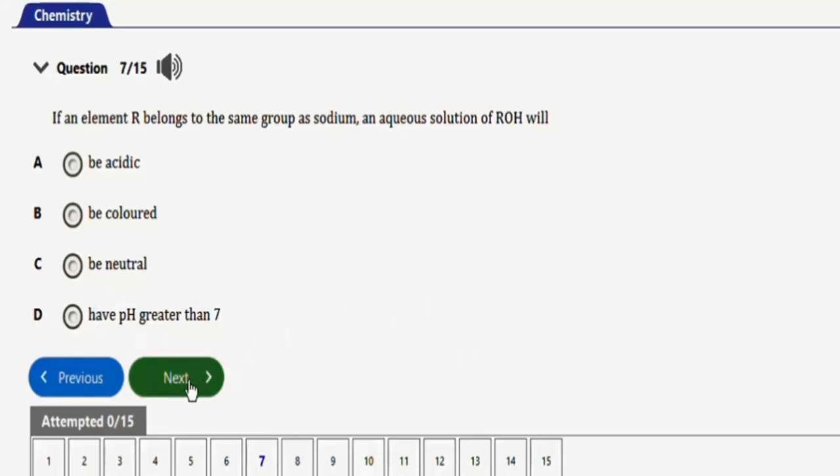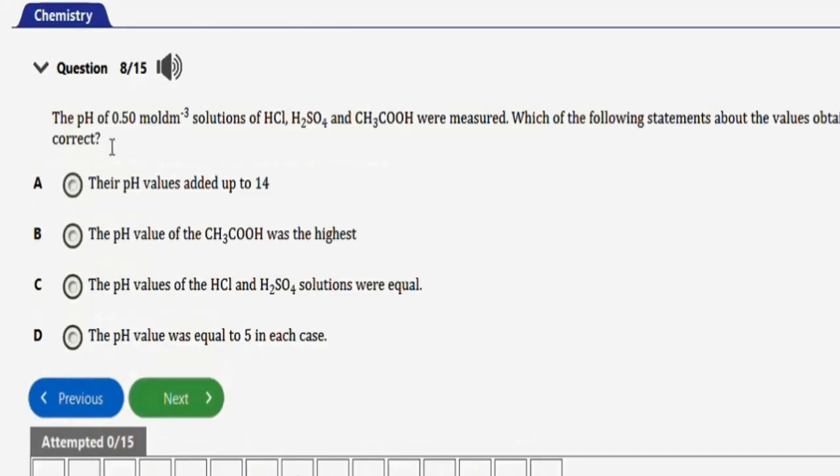The next question says the pH values of these solutions were measured. Which of the following statements about the values obtained is correct? Their pH values added up to 14? No. The pH value of ethanoic acid was the highest? Okay. The pH values of hydrochloric acid and tetraoxosulfate(VI) acid solution were equal? No, it can't be equal. The pH value was equal to 5 in each case?